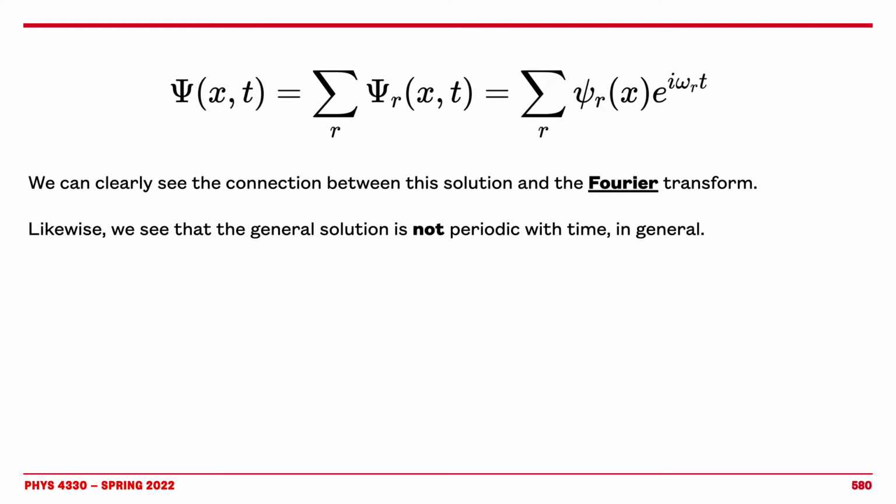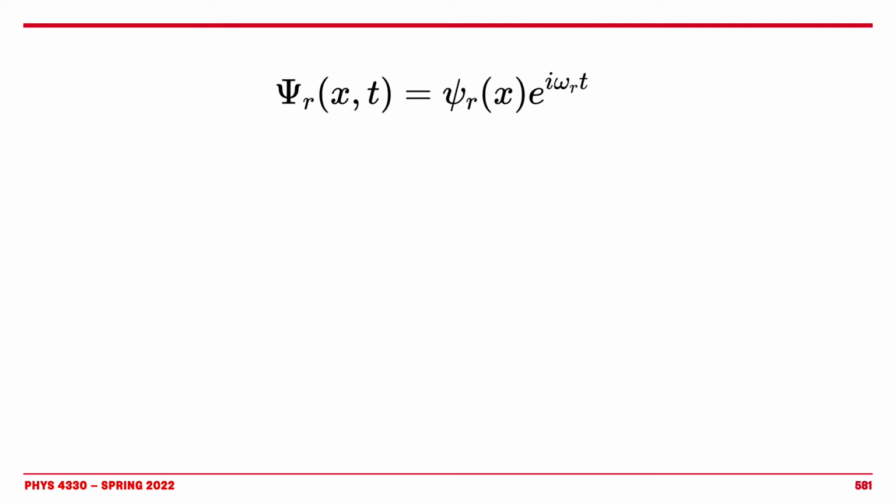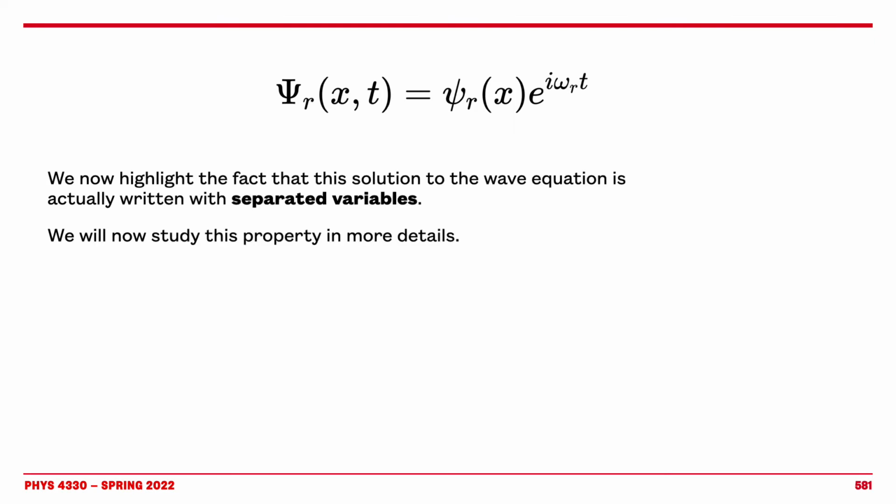Okay, very good. So let's go back to where we started from. We use a solution like this for a given frequency, and the frequency, if you remember, was obtained for the specific system. So far, we have mostly calculated omega r using the secular equation, or calculating the determinant to make sure all the equations were compatible, just as a reminder. Now, what we see in this equation is that we actually already separated the variables x and t. So we do not have any function that depends on x and t at the same time. We can separate the function.